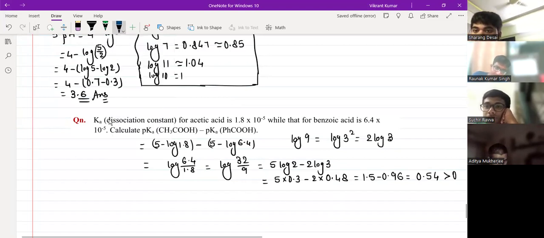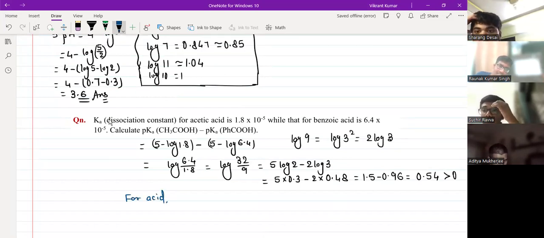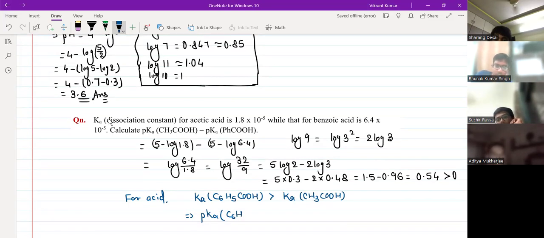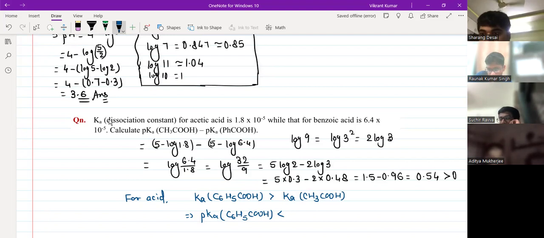Now if you see, one more learning from here, an extra point that we also have to discuss ahead in GOC. So for acid, Ka of benzoic acid, C6H5COOH, which I am writing as PhCOOH, is greater than Ka of CH3COOH. And then pKa of benzoic acid will become less than that, because pK is minus log of K. And that gives you one more piece of information, like I told you earlier also. Greater the K, stronger will be the acid. So lower the value of pK, stronger will be the acid.